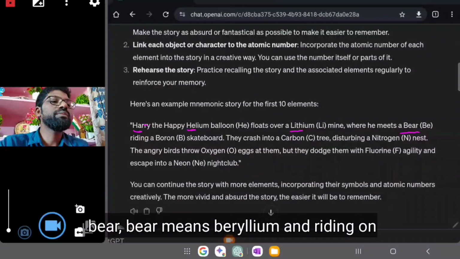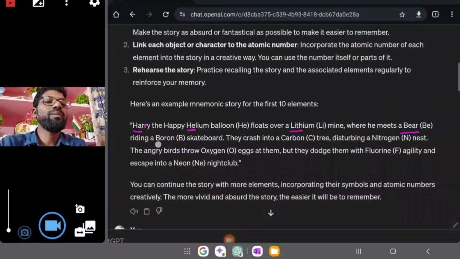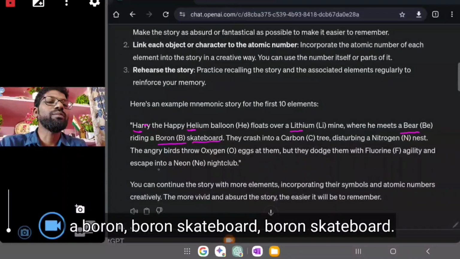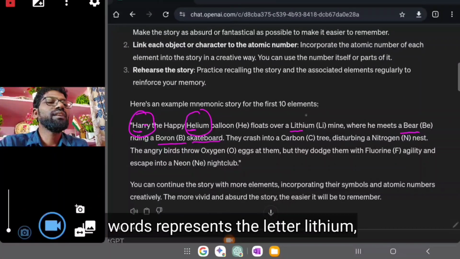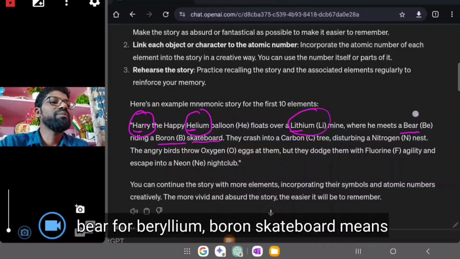Bear means beryllium, and riding on a boron skateboard. So, the first letters of these words represent the elements: lithium, bear for beryllium, boron skateboard means boron, like this.